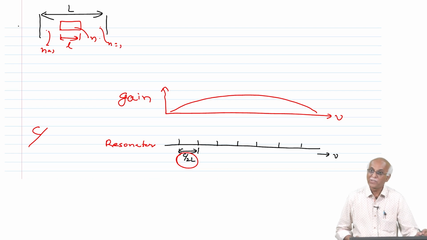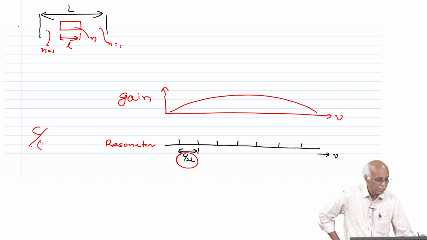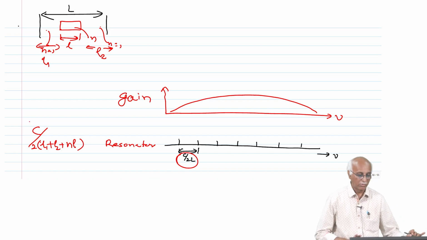So, the mode spacing may be slightly different, okay. You can estimate this. So, it will be c by 2 times L1 plus L2 plus nl, correct. L1 is this part length, this is L2 length, correct. This will determine, okay.